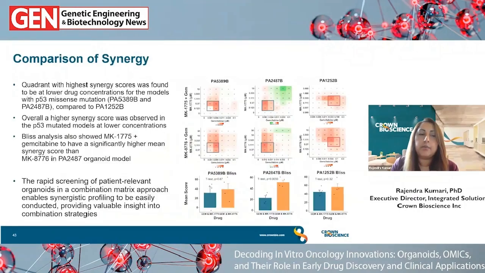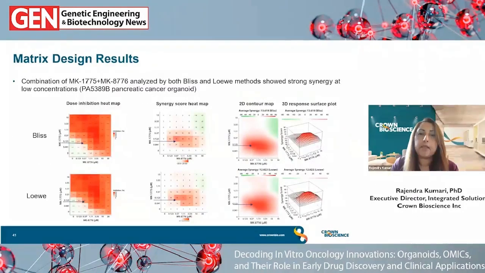So, we obtained the combination data for the 3 different compounds in combination with each other across 3 different models using the 2 mathematical models. So again, there was a lot of data, but here I've just shown a selection of the data to demonstrate the readout and the analysis that was conducted.